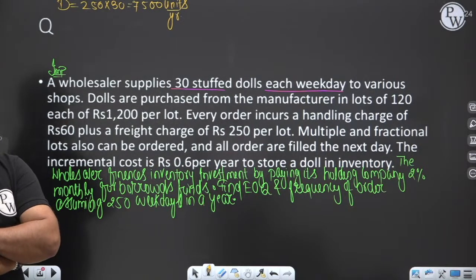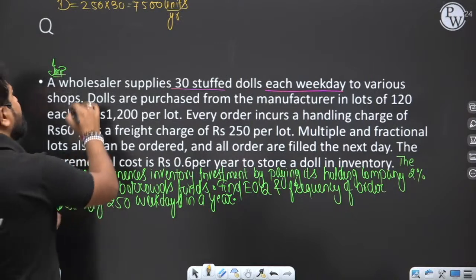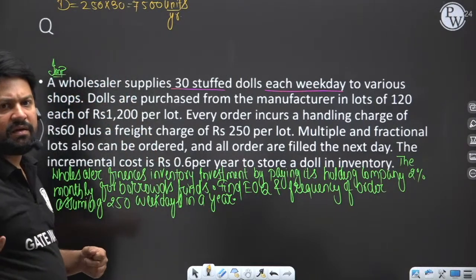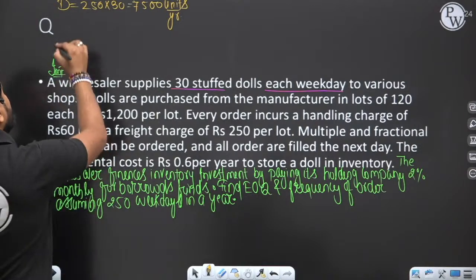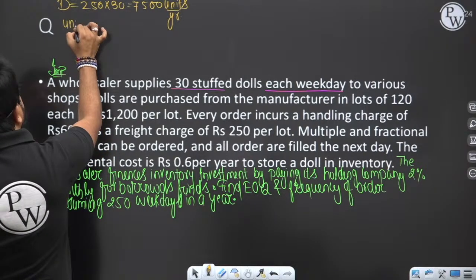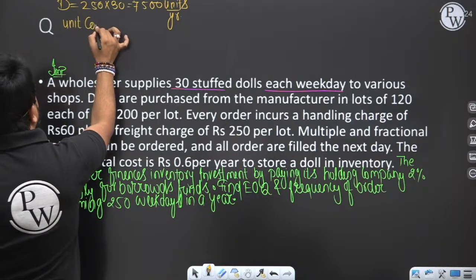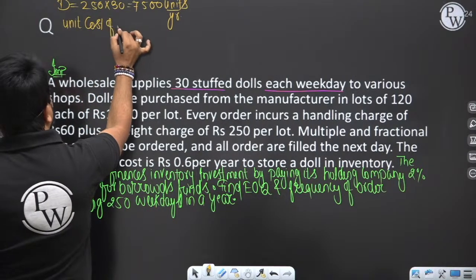Now the unit cost of purchase. Yes, it is required.